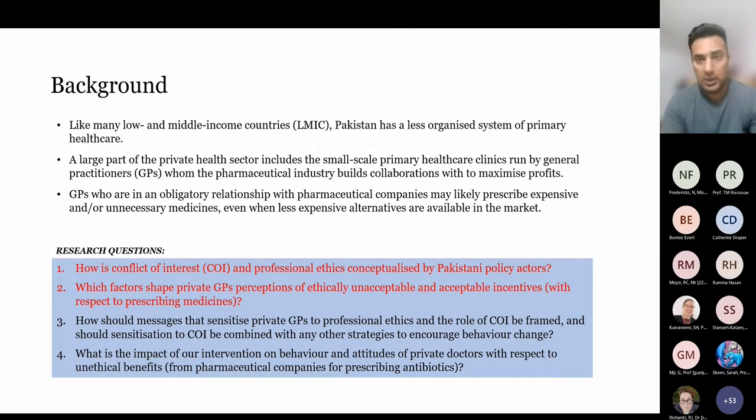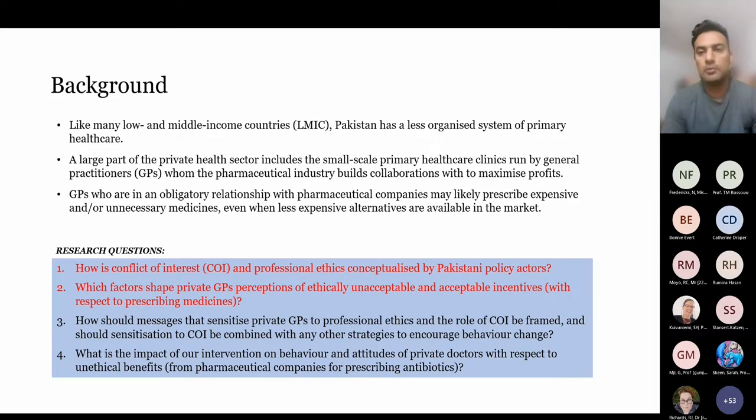But factors like weak governance, poor resource allocation to the public sector, in combination with increasing population pressure and morbidities, contribute to a greater dependency on the private health sector. That includes various small-scale primary healthcare clinics run by GPs, whom the pharmaceutical industry builds collaborations with to maximize profits.